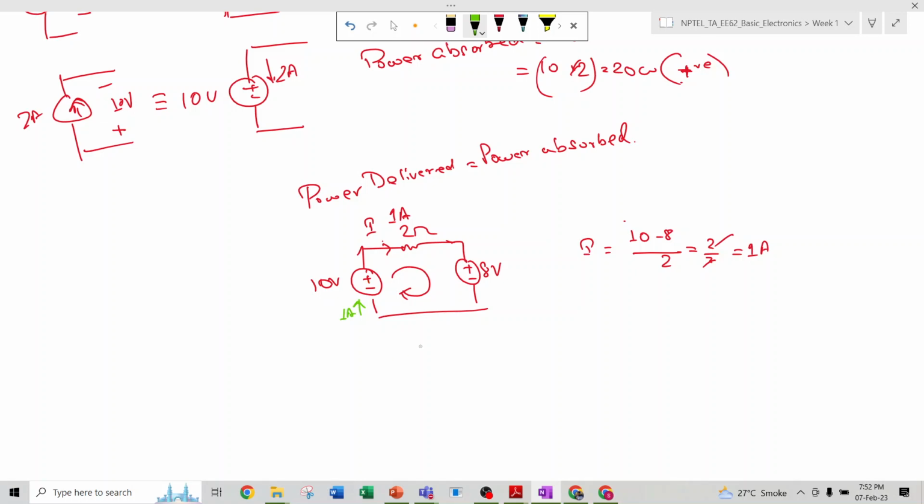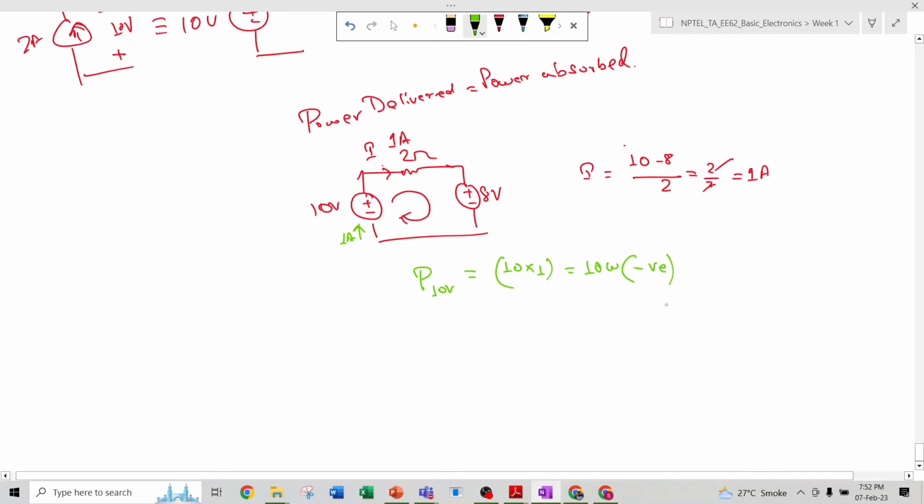So for 10 volt, the power is 10 into 1, which is 10 watt, and by the normal convention we consider this as negative because it is delivering the power.